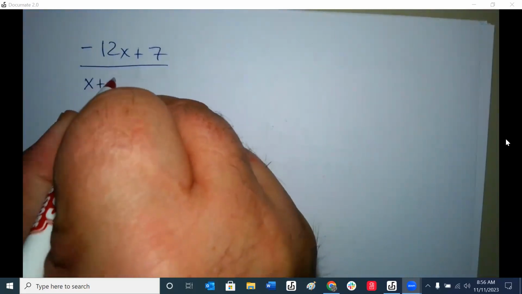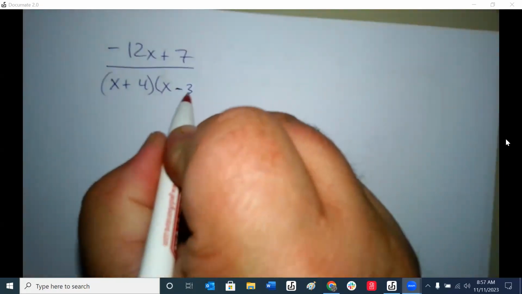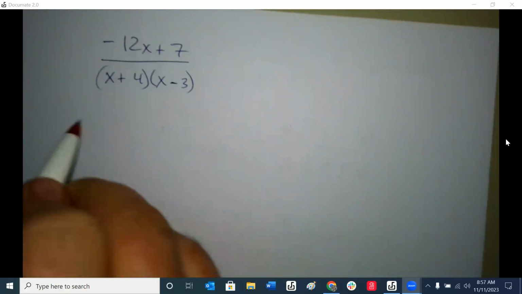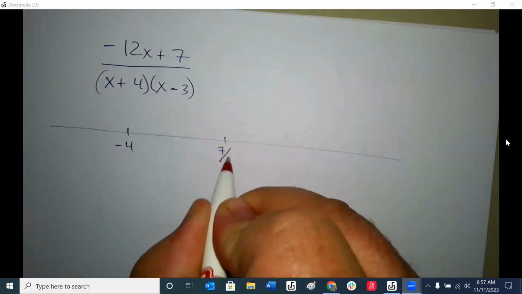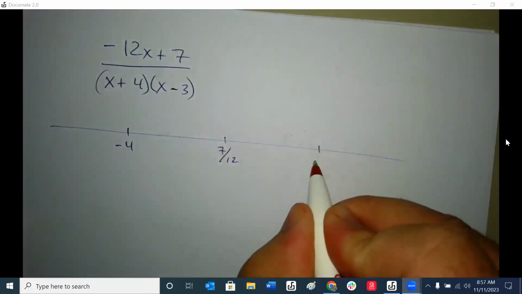All right, so let me write this equation on the other side. Negative 12x plus 7 over x plus 4 times x minus 3. My intervals: negative 4, 7/12, and 3.